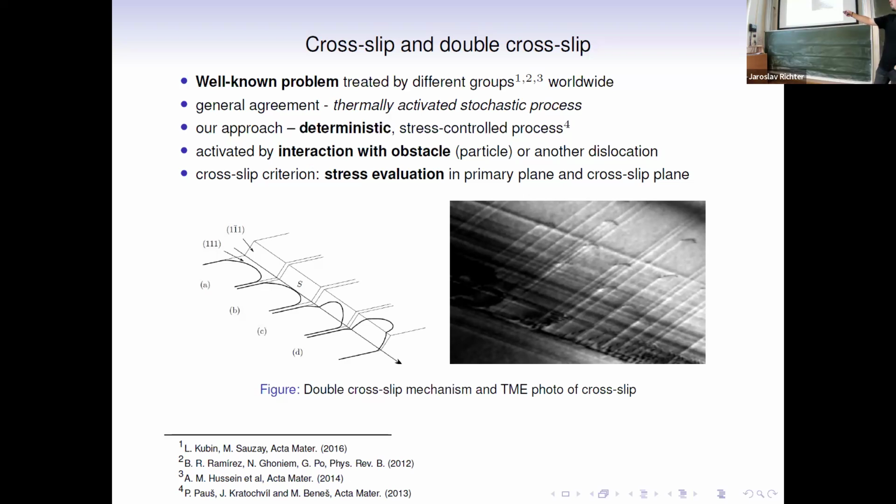So under the assumption of low working temperatures, he was able to derive a deterministic criterion, which is purely a stress comparison in the primary plane and in the cross-slip plane, and based on such a stress comparison, the dislocation itself should decide if it changes the slip plane, or where, and even if. So this is the mechanism.